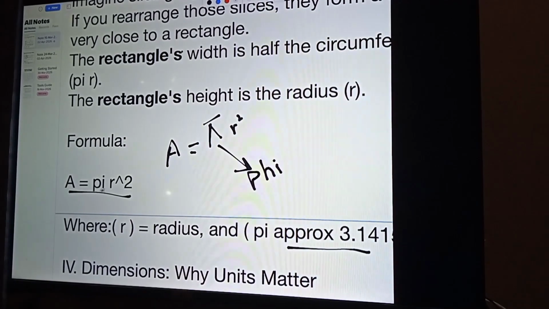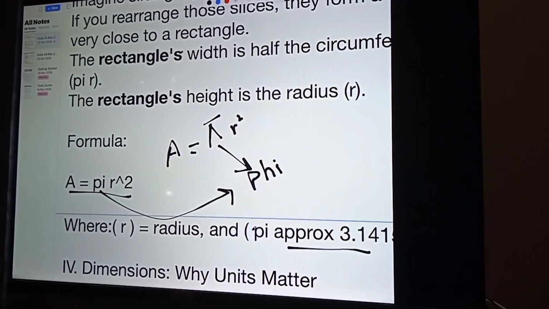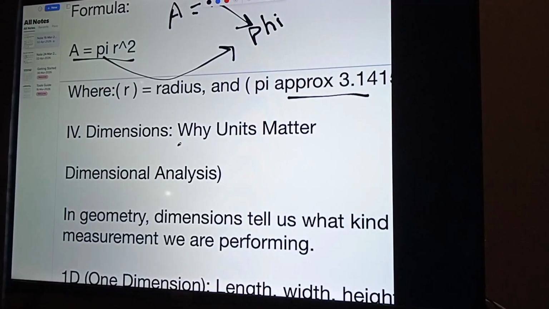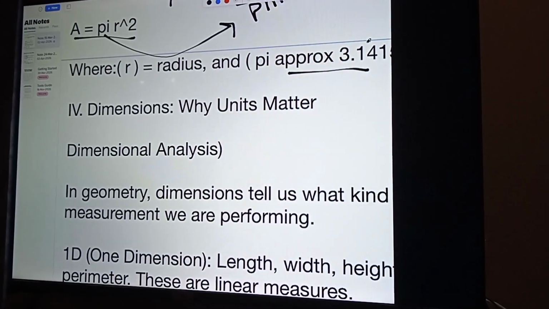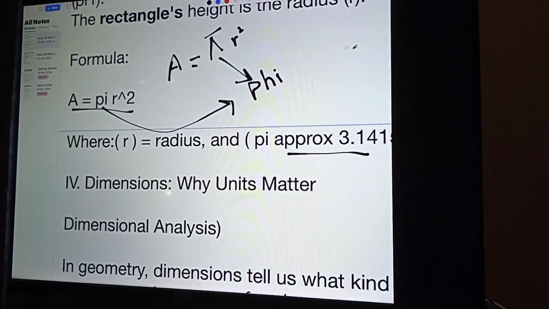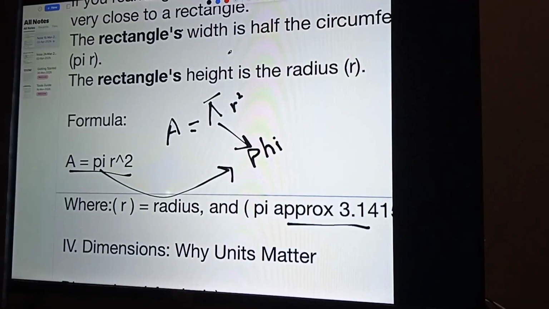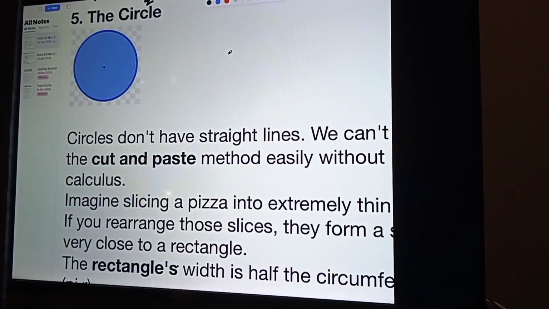Radius will be given, or you can calculate it, and then you use this approximated value to find the area of a circle.